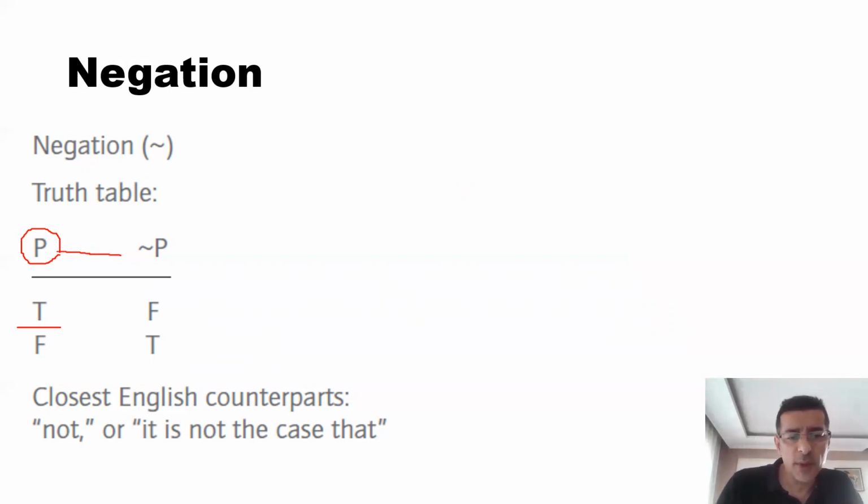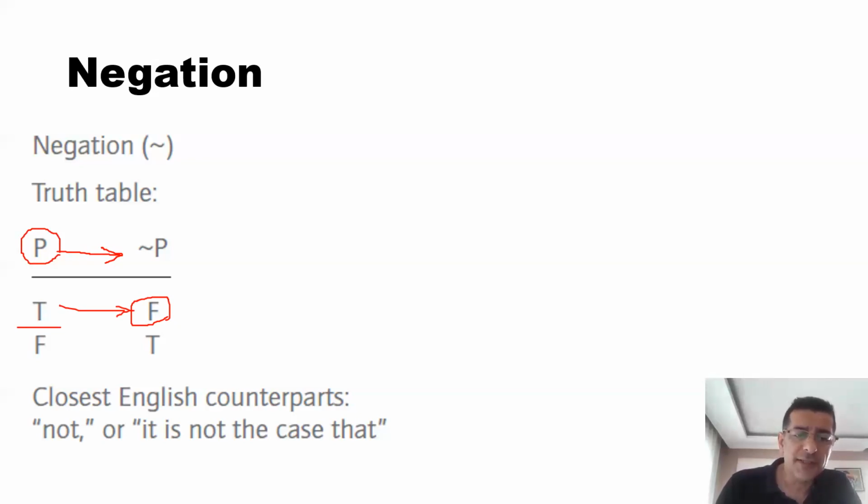What about the opposite one? I mean, if we have the negative form, not P, that is, instead of saying I'm from Iran, I say I'm not from Iran. So if P is true, then definitely I'm not from Iran is false, right? I mean, we have a complementary meaning. If this one is true, this one should be false.